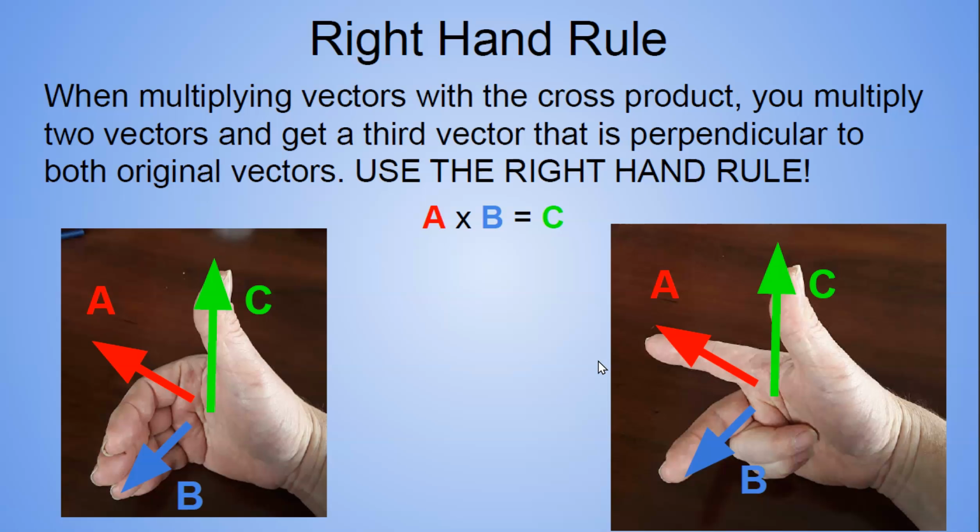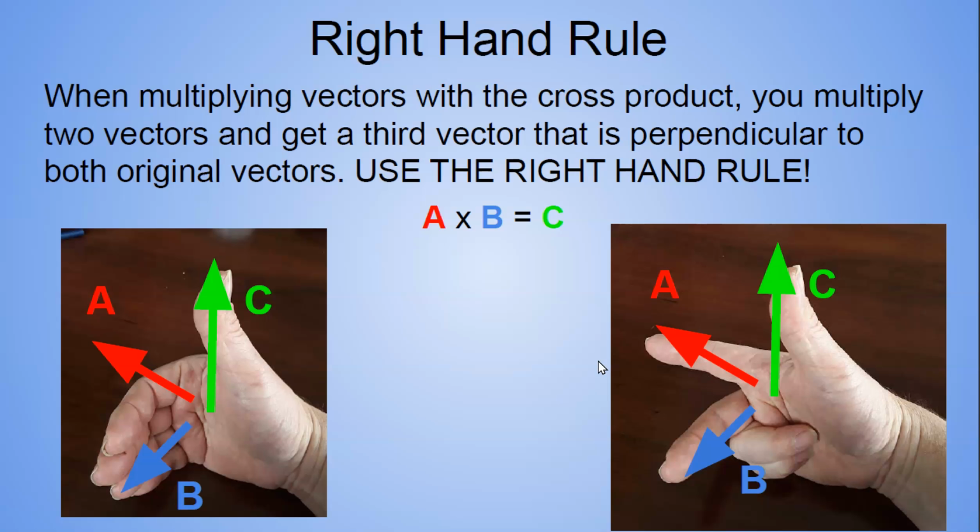In the first way, the one on the left, what people say is to put your fingers in the direction of A. So imagine, just point the direction that your fingers would point for A. Curl them in the direction of B. So the guy's already rotated them towards the blue arrow there. And then his thumb points the direction of C. Remember how it has to be perpendicular? So you've got A going forward, B to the left, and C is pointing upward at that point.